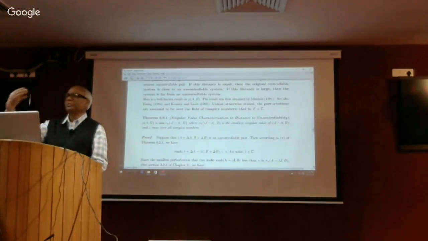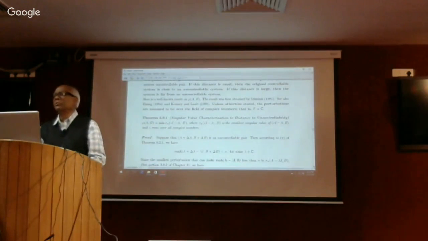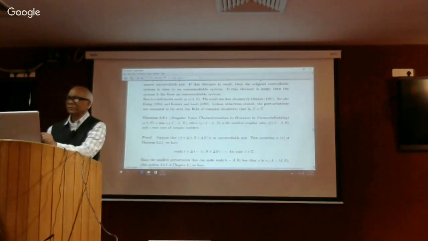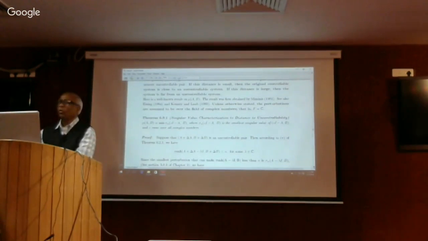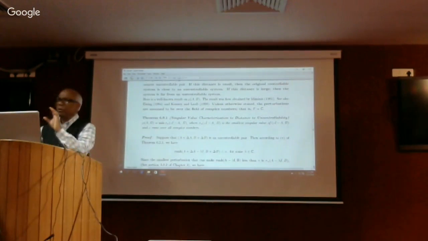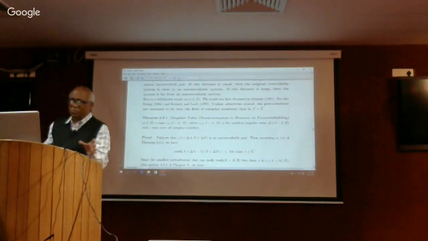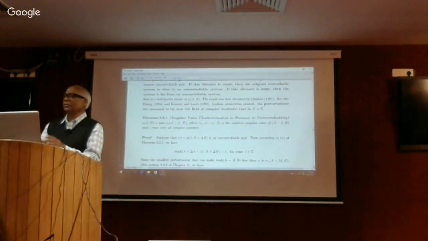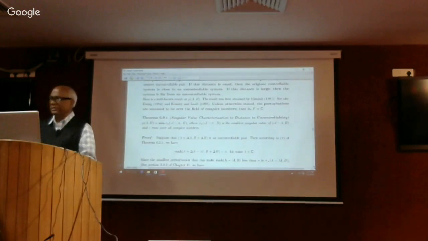Okay, compute the minimum singular value. Remember, sI minus A, B for a given s will be a rectangular matrix, but we can compute the singular value of a rectangular matrix. Singular values are defined for rectangular matrices in general.